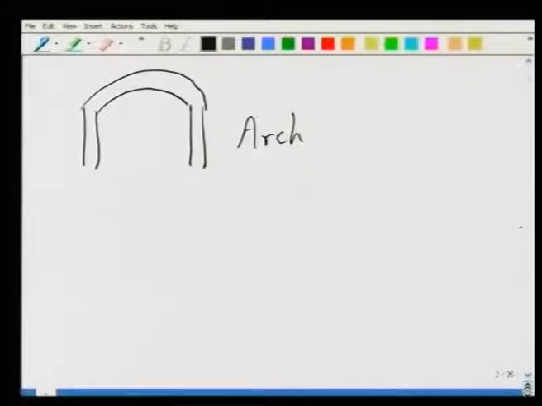While you can arrange stones in the shape of an arch, or you can make a wooden structure in the shape of an arch, one is clearly taking an important conceptual step forward when one begins to realize that an arch is a notion that exists in its own right, irrespective of what it might or might not be made of. And this brings us to our discussion of signals.